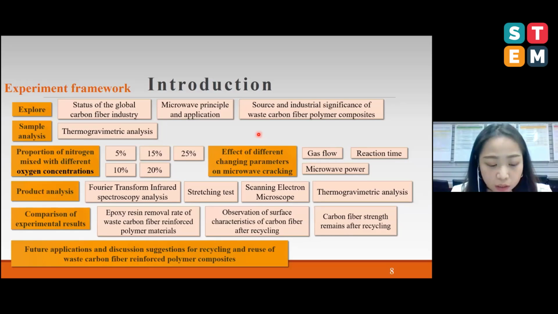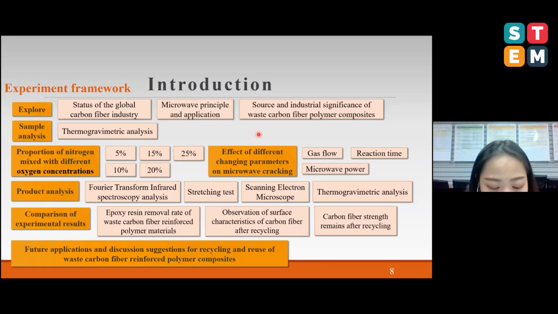And this is my experimental framework. We explore the carbon fiber industry and the principles and application of microwave.